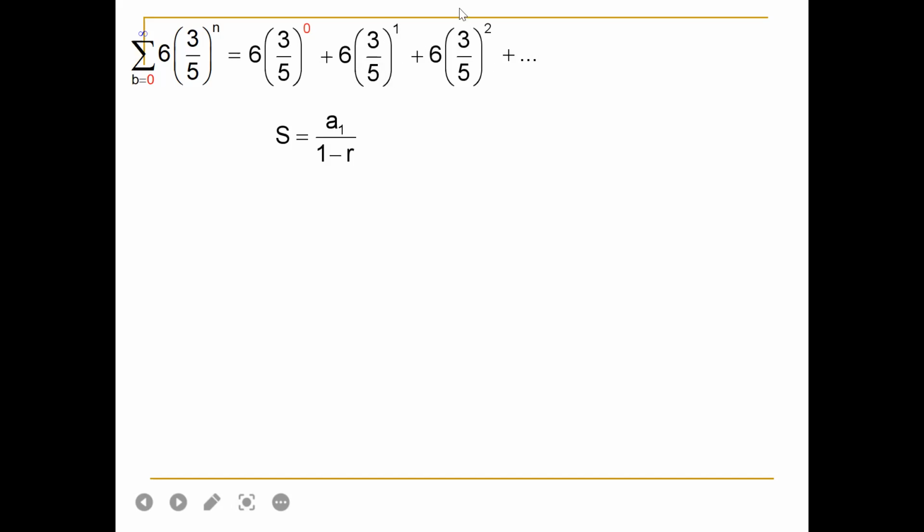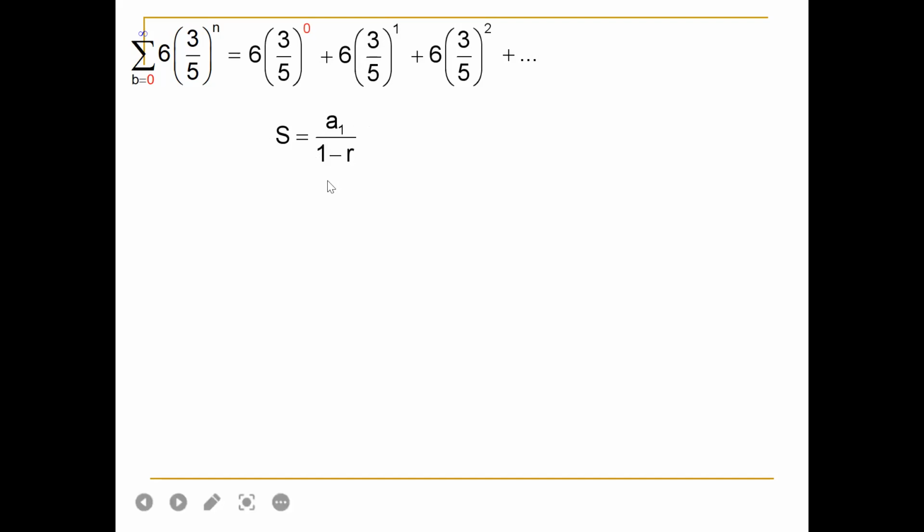Once you get the value of r, r must be between -1 and 1, and here r is 3/5. Since r is between -1 and 1, we can find the sum.